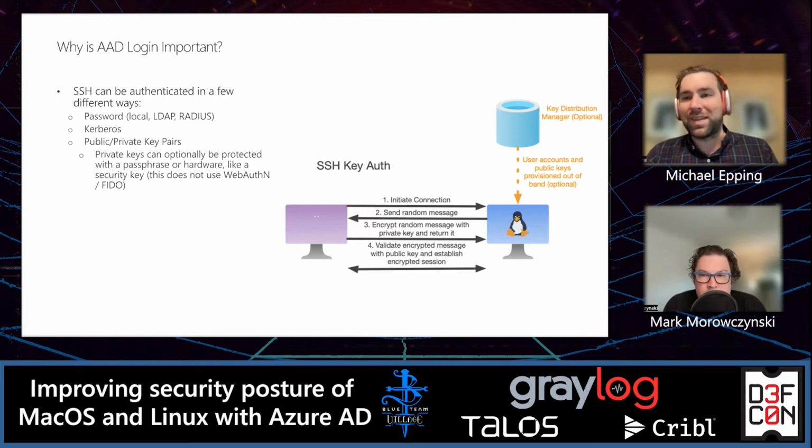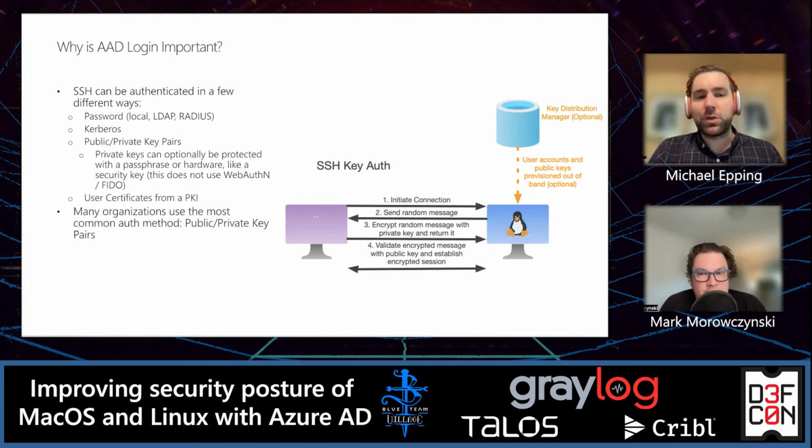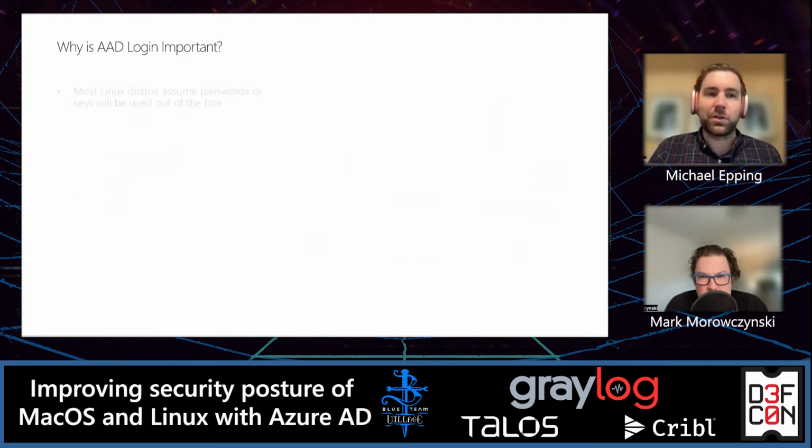It's typical that this is not using web-based protocols like WebAuthn or FIDO or some of these newer protocols that we've talked about previously. There are also options like user certificates, but in the end, most of our customers end up using the defaults in their distributions. And so really commonly that's public key, private key, and in some cases passwords. So not very cloud-oriented credentials, not very zero trust oriented credentials.